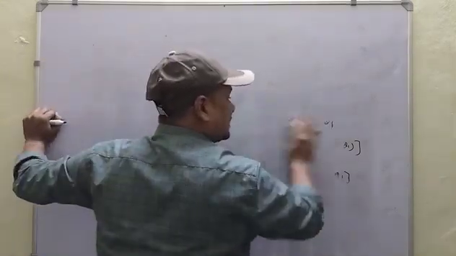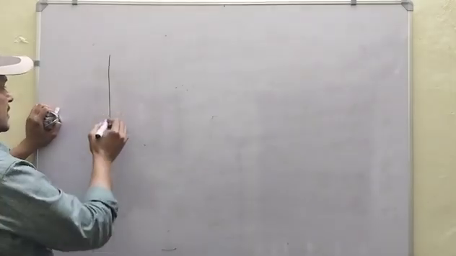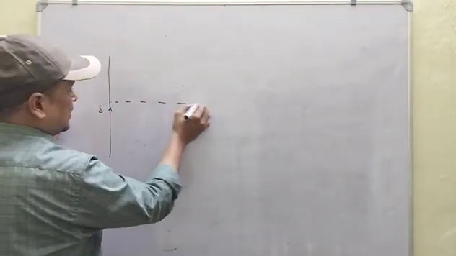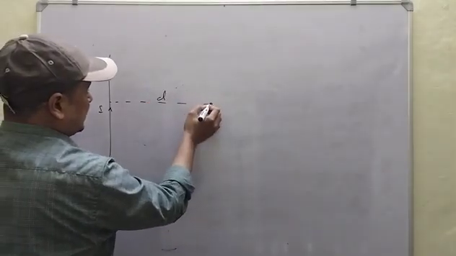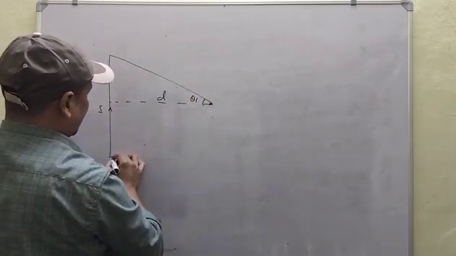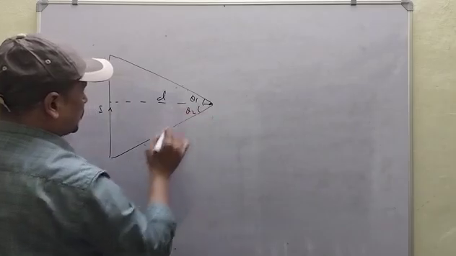One of the other forms of this formula: just suppose this is the wire, and the current flowing is I. From here we take distance d, and the magnetic field has theta 1 and theta 2.